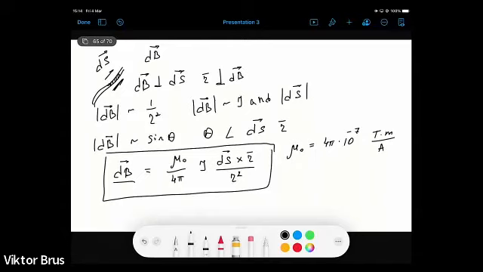So that means we need to deal with the following equation.